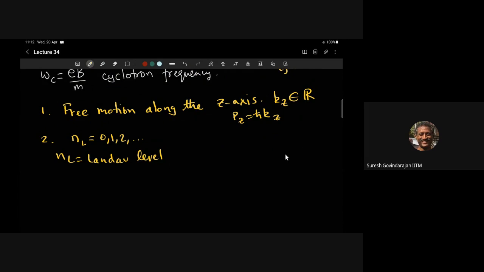Good question. It depends on your units. In SI units, I think there is no C, and in Gaussian units, there is a C. So here is the way to remember it. You take your SI formula, and wherever you see either A, the vector potential, or B, you replace it by B divided by C. And the other change you have to do is 4 pi epsilon naught, you put it equal to 1.